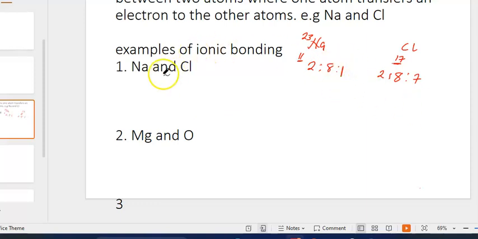Sodium plus chlorine is going to give us sodium chloride.